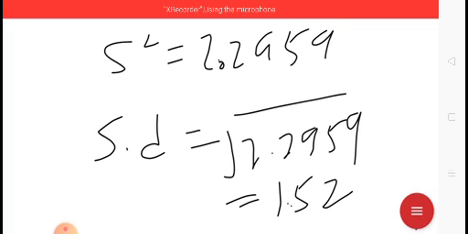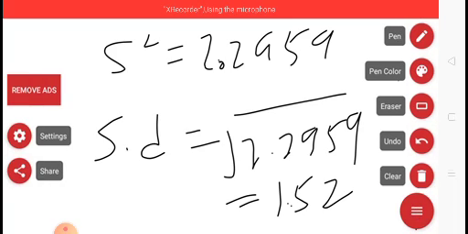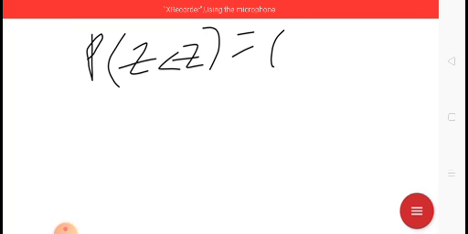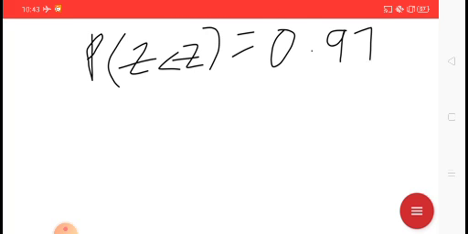Now part 2. Calculate the 94% confidence interval for the mean distance traveled on a liter of fuel. For part 2, 94% at the center, so you would find P(Z < z) equal to 0.97, with 3% at each side.